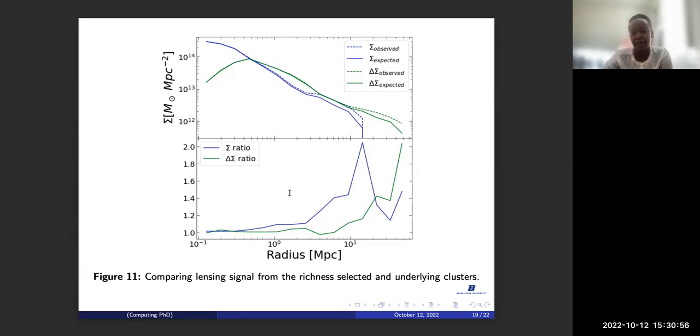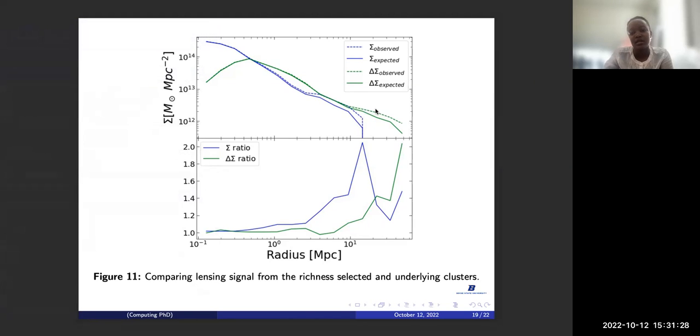The upper panel shows the weak lensing signal, both from the underlying halos and the richness selected. I'm plotting two signals: the excess surface density and the surface density. The excess surface density is the green one, and the blue one is the surface density.